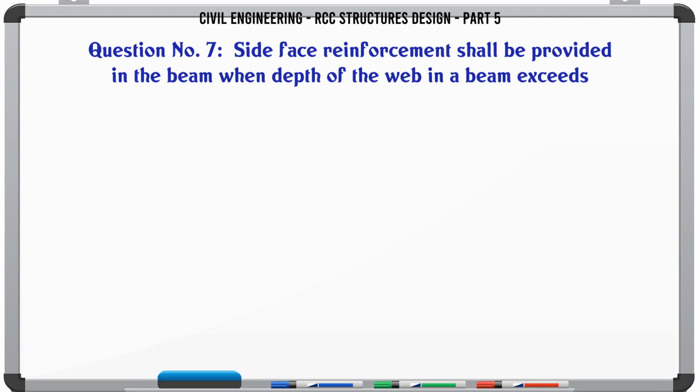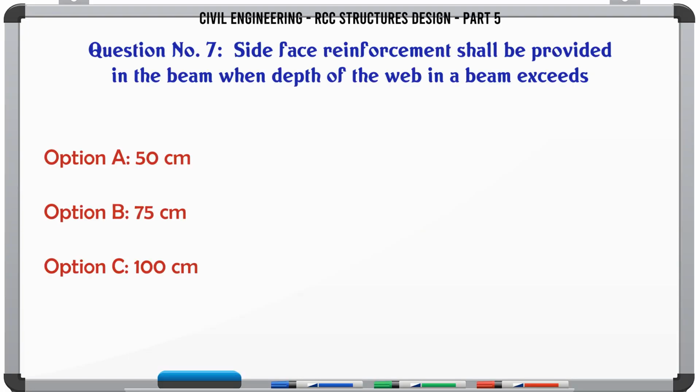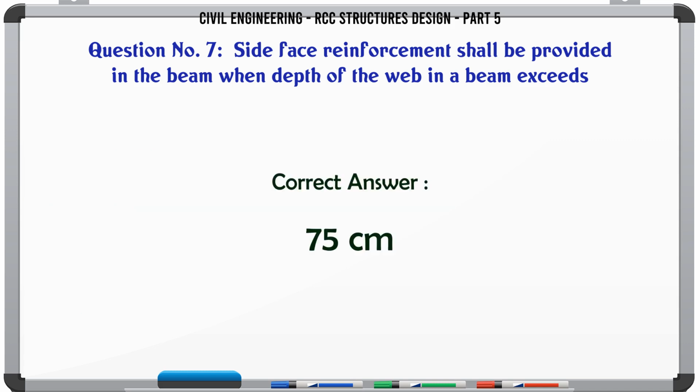Side face reinforcement shall be provided in the beam when depth of the web in a beam exceeds A 50 cm, B 75 cm, C 100 cm, D 120 cm. The correct answer is 75 cm.